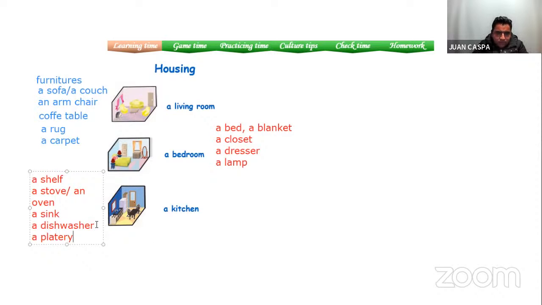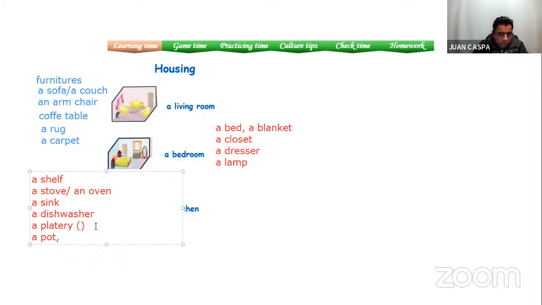But hay muchas cosas más. We can mention many things like, I don't know, a pot, una olla. Flatware is flatware. I'm sorry. There are especially three things that are common to mention. For example, a fork, right?